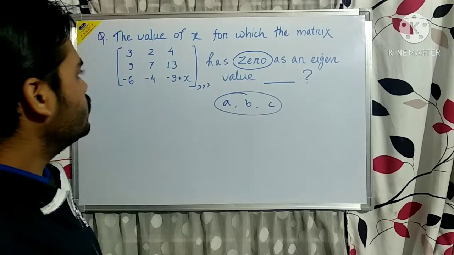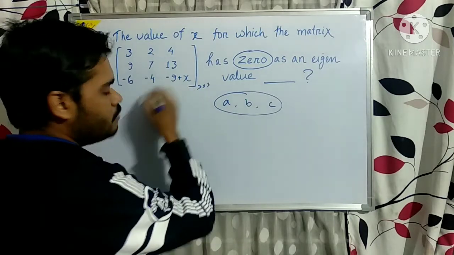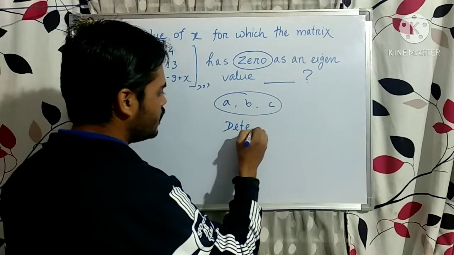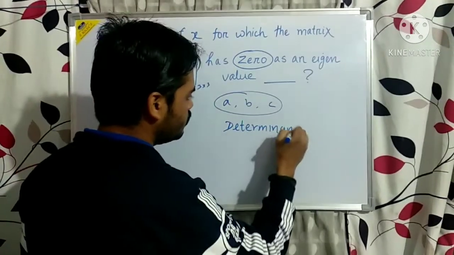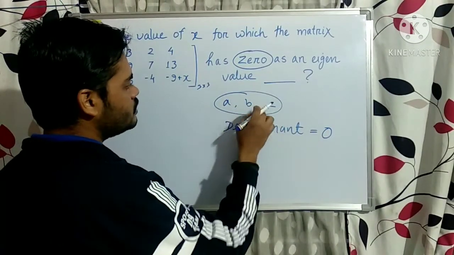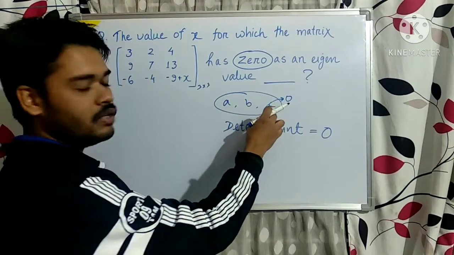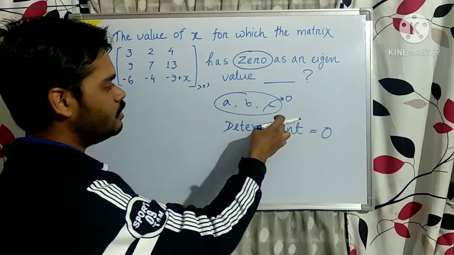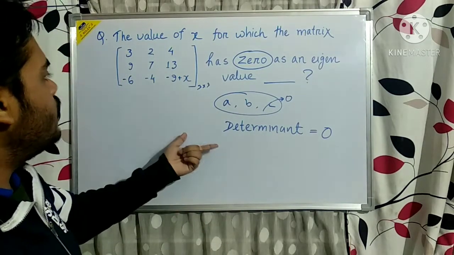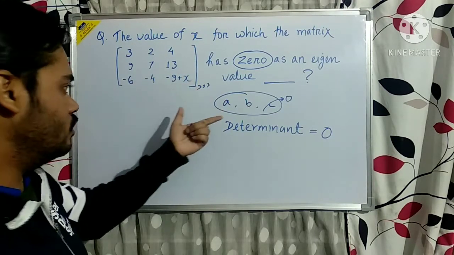So if 0 is an eigenvalue, the determinant of the matrix must be 0, because if C is 0, then the product of the eigenvalues is simply 0, and so the determinant of the matrix will be 0. So indirectly we have to find the determinant of the matrix and find the value of x.